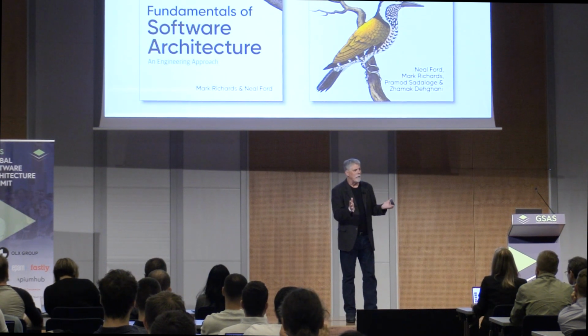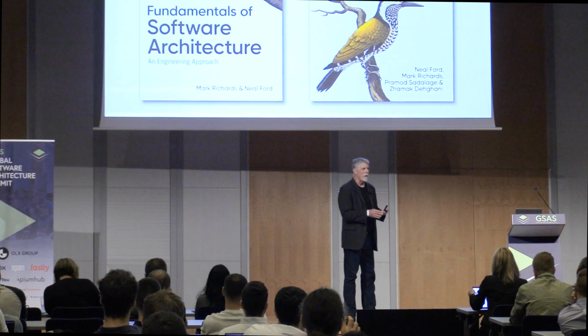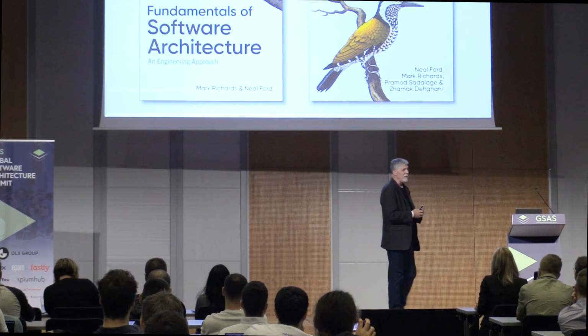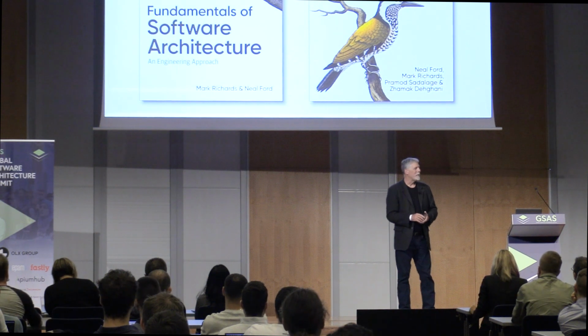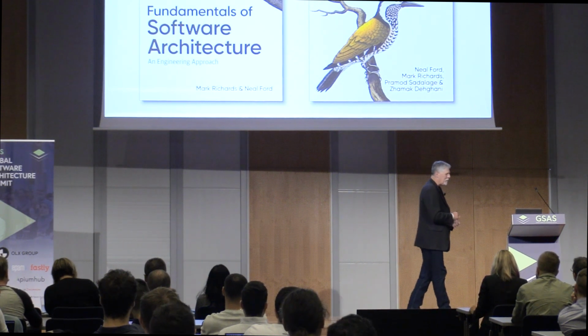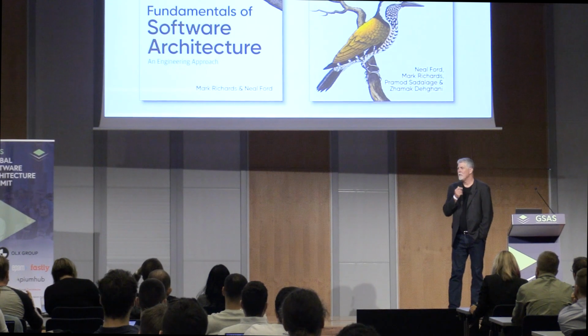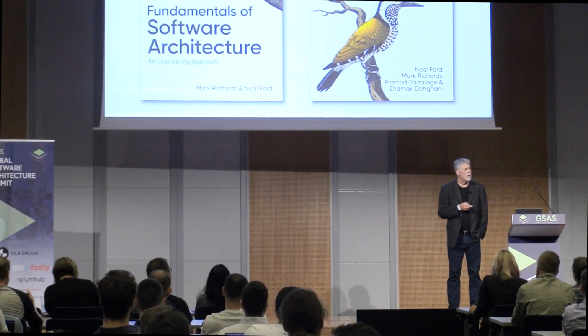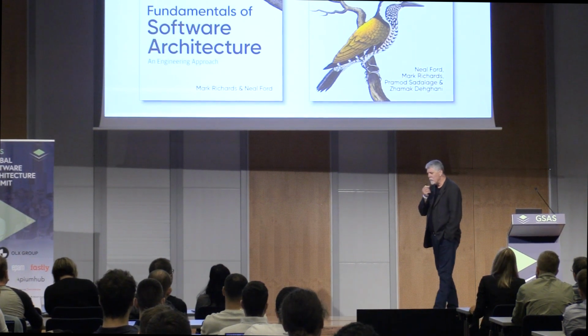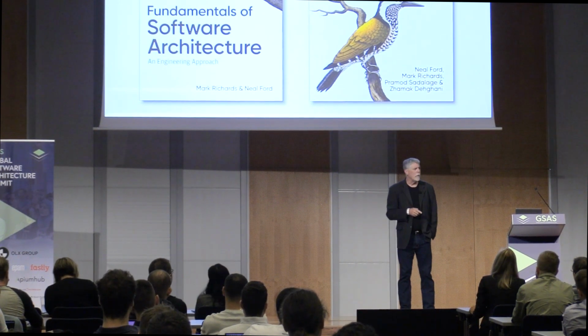Now, in truth, the Fundamentals of Software Architecture actually took us about 7 years to write. It just ended up getting published during the pandemic. But the Hard Parts, of course, was just 2 years. So some of the material that I'm going to be showing you does come from these books.